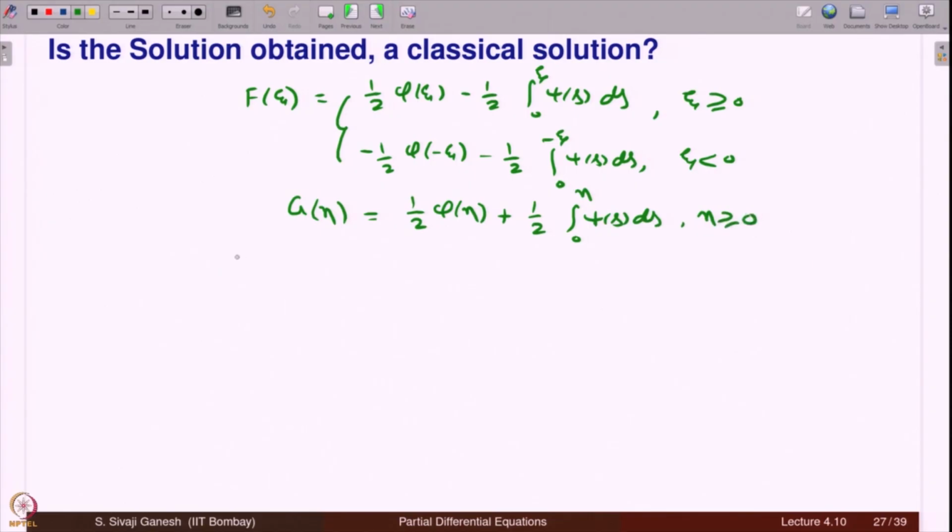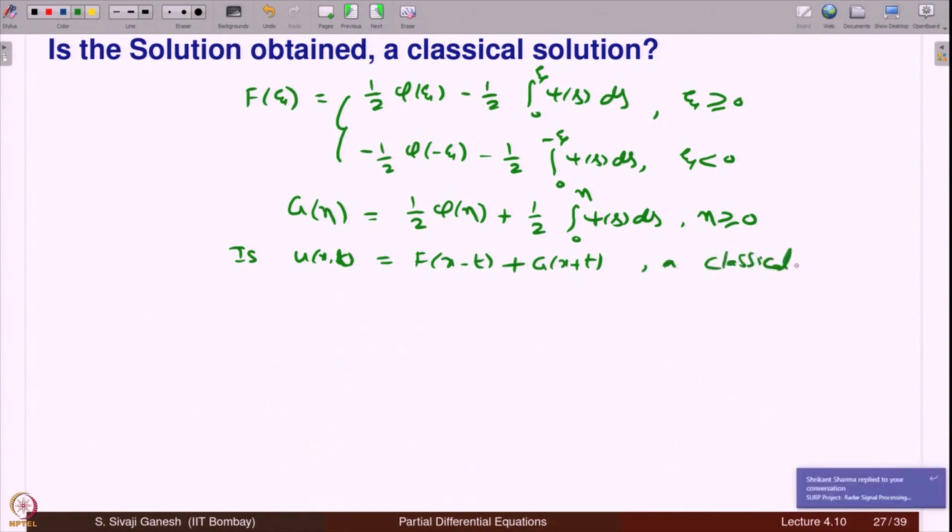Okay, so is u of x, t equal to f of x minus t plus g of x plus t, where f and g are given as above, a classical solution? That is the question.